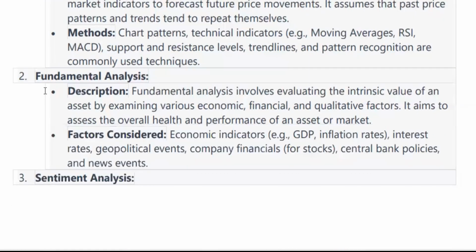And then there's number two, which is fundamental analysis, right? Fundamental analysis involves evaluating the intrinsic value of an asset, right, by examining various economic, financial, and qualitative factors, right? It aims to assess the overall health and performance of an asset or market.